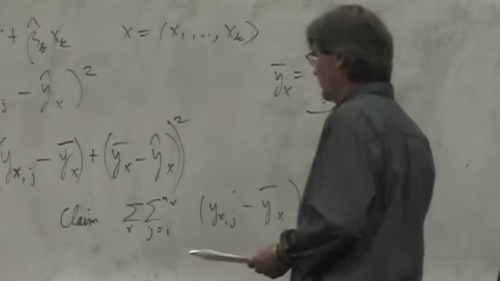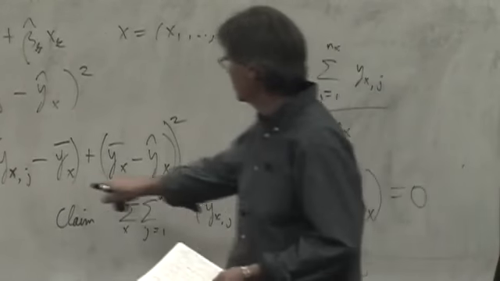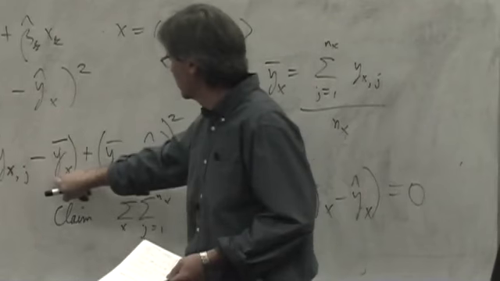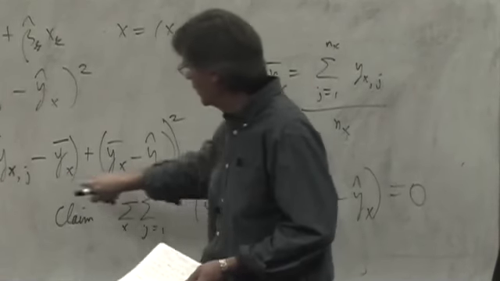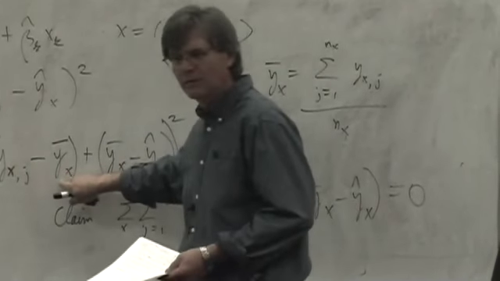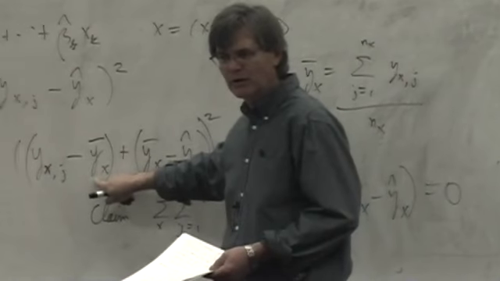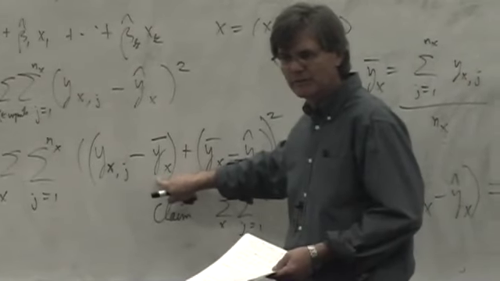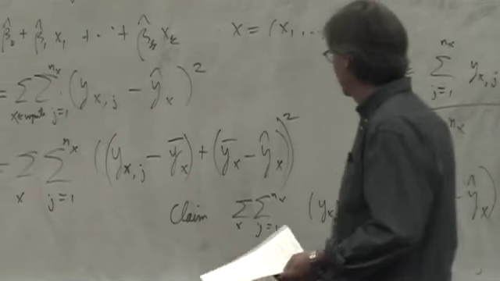Why are we adding them together? I just wrote an identity here. I'm just subtracting and adding this on, because I want to introduce this difference, because that's going to be the difference I want to study in the pure error estimation. All right? Got it now.